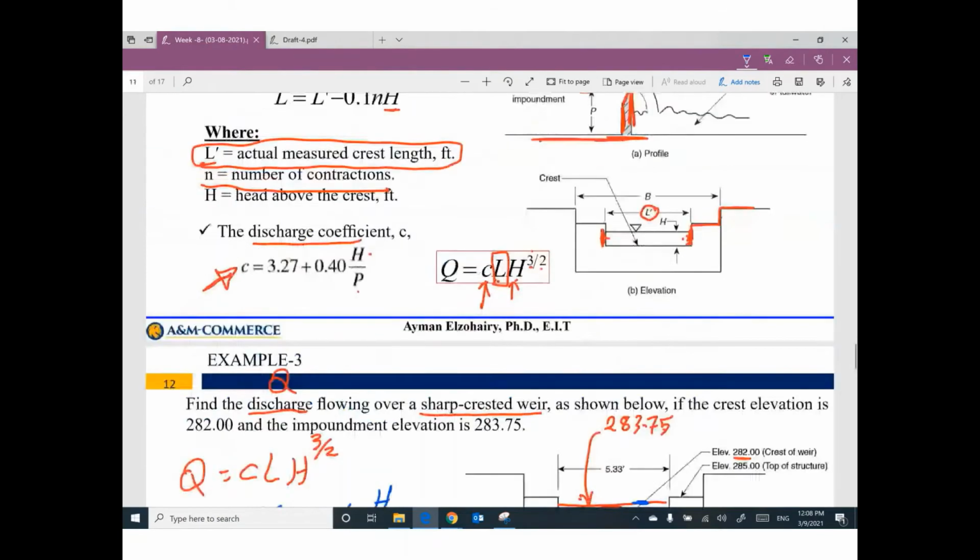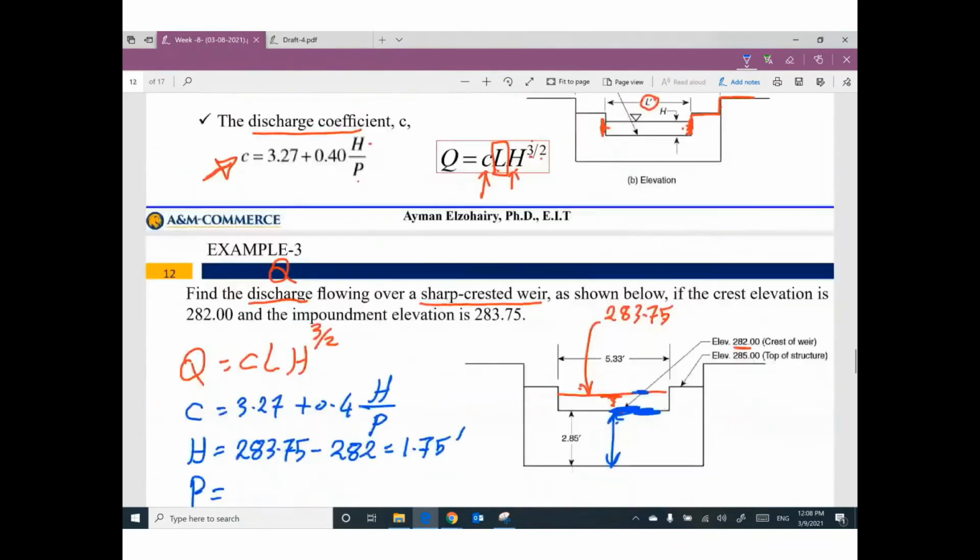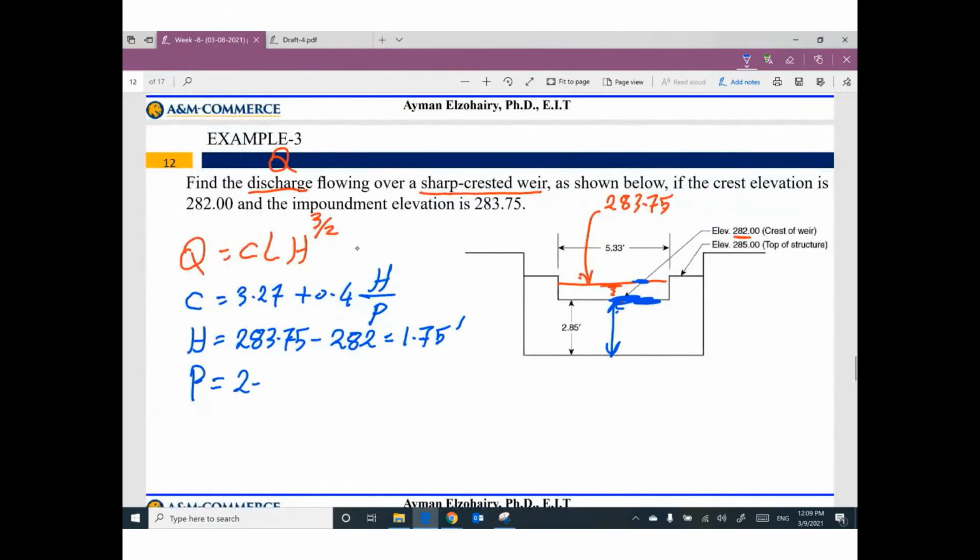P is the height of the weir, which is given here, 2.85. So I can figure out the value of C: 3.27 plus 0.4 times H 1.75, divided by P 2.85. So this value will be 3.5.